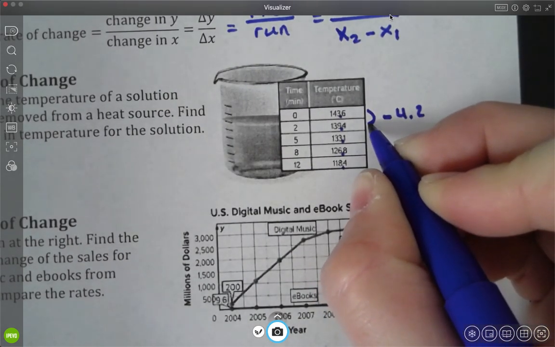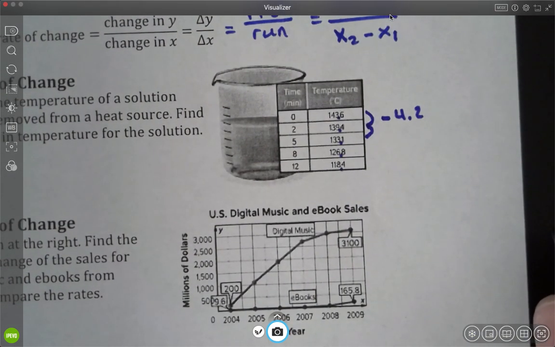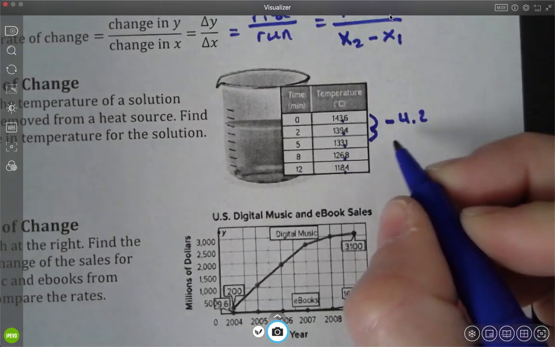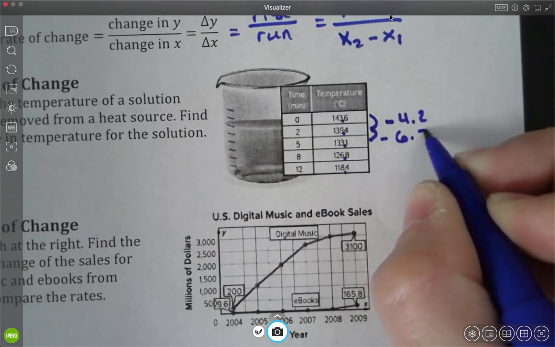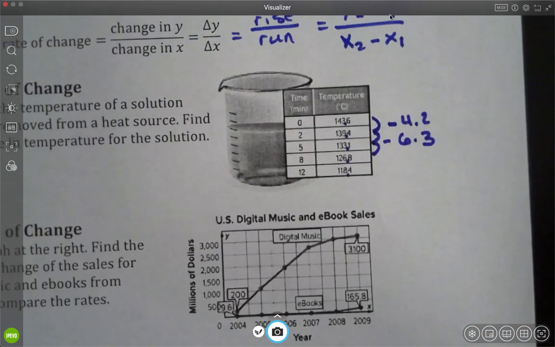Now, from 139.4 to 133.1. How much is it going down? It's going down 6.3. Okay, now from the next one, 133.1 to 126.8.